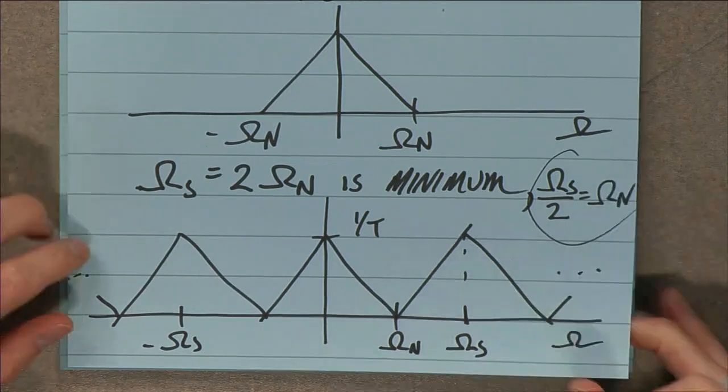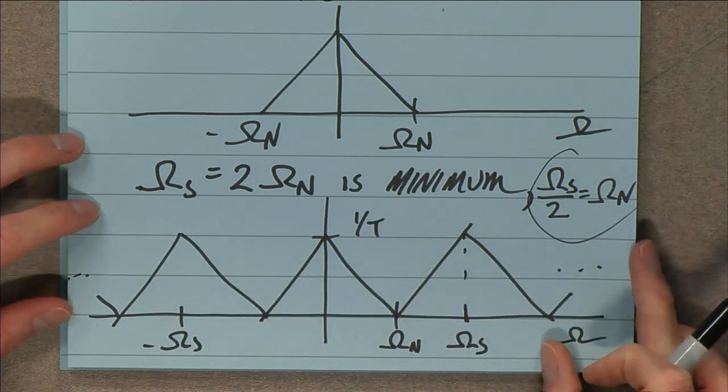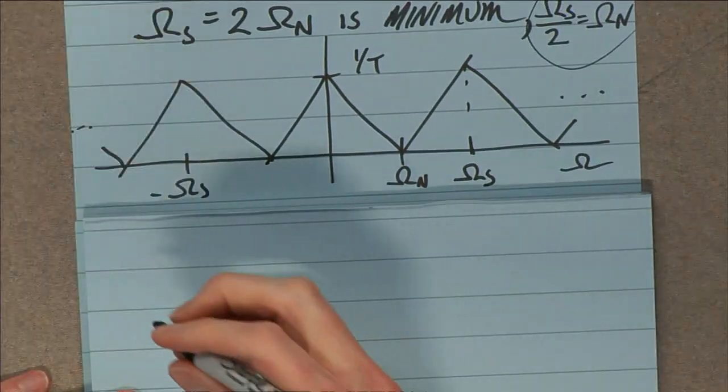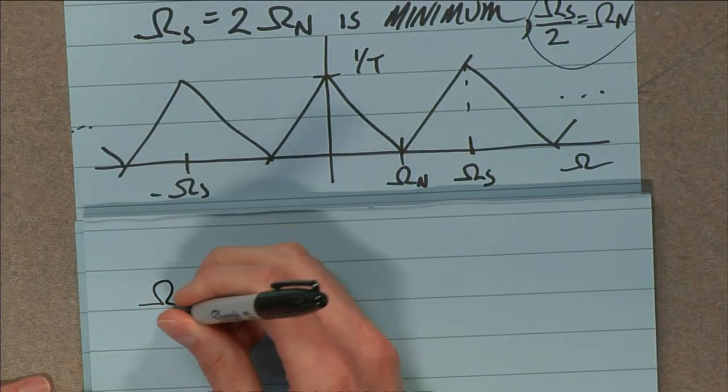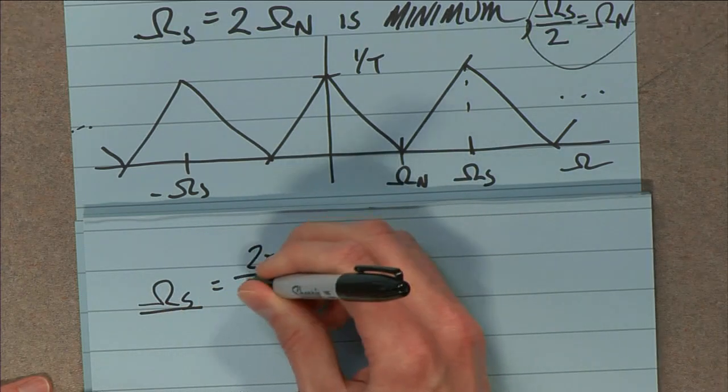So if we go ahead and sample at omega s, none of these overlap, and we don't end up with aliasing. Which is kind of restating the same thing as omega s was what, 2 pi over t.